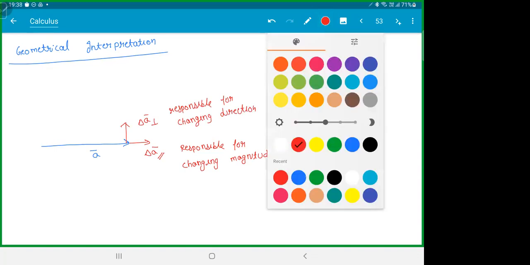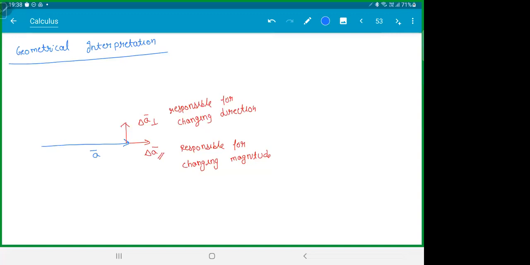So a vector can change by changing magnitude or direction, or both, basically.